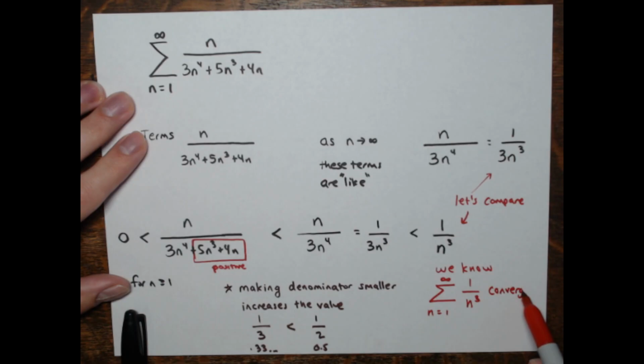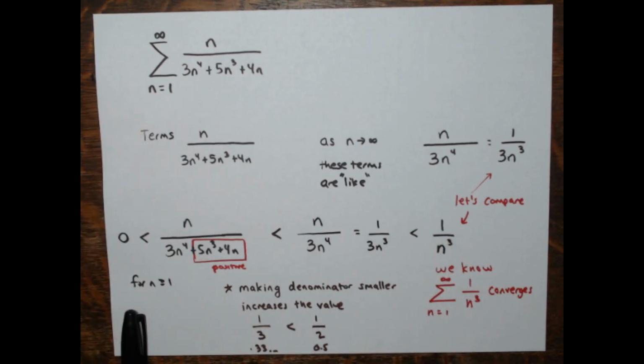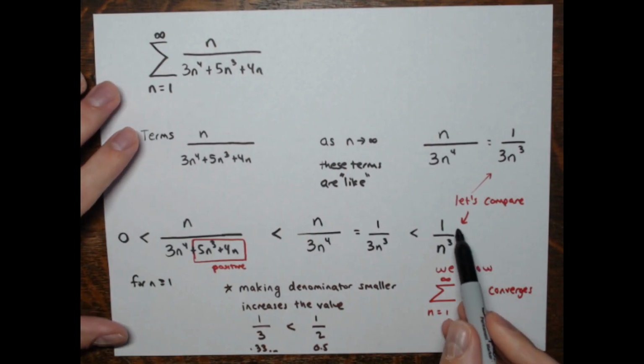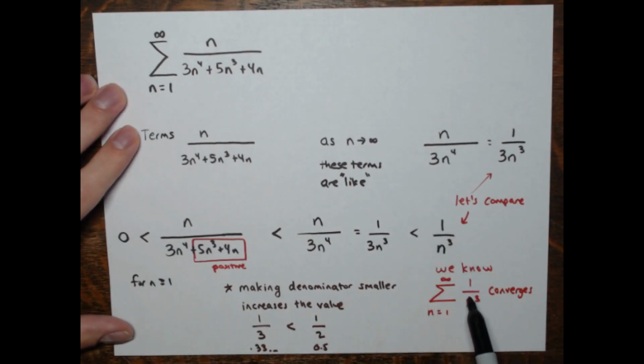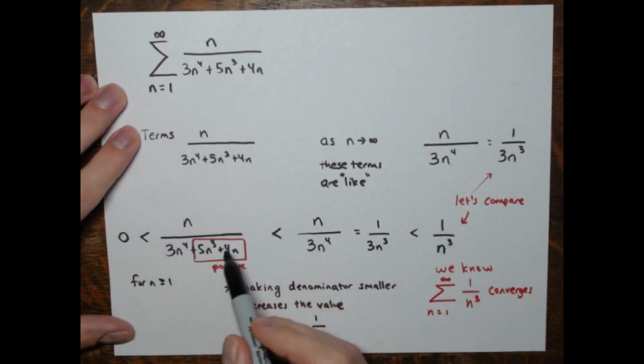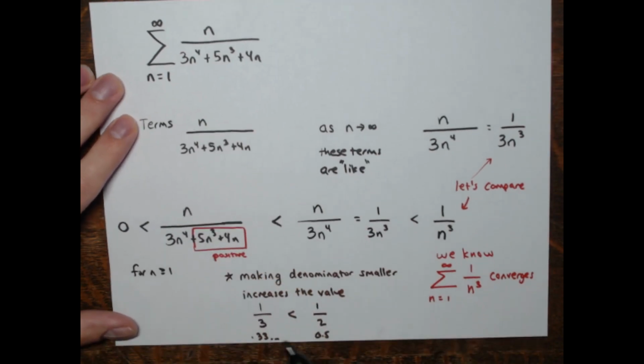This is one of those convergent p series. The power on n down here is greater than 1. And therefore, by comparison, the series of larger terms converges. So this series of smaller terms must also converge, right?